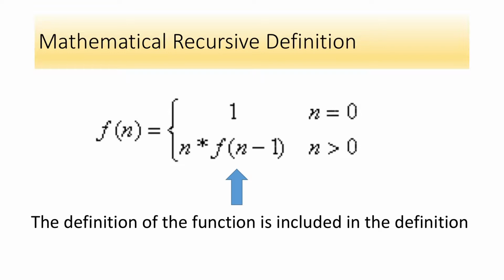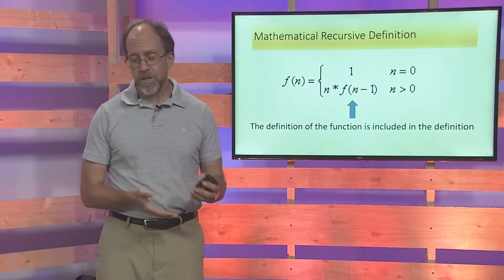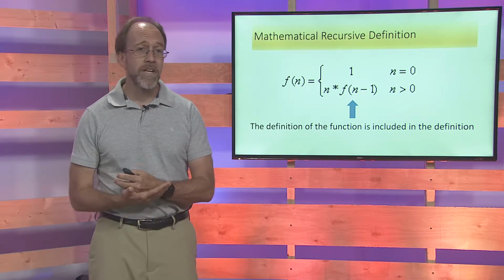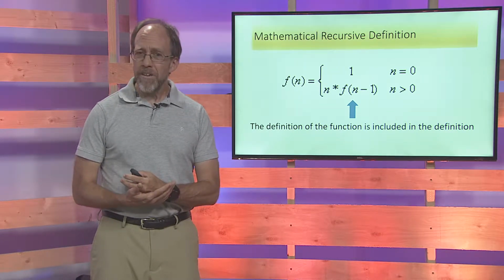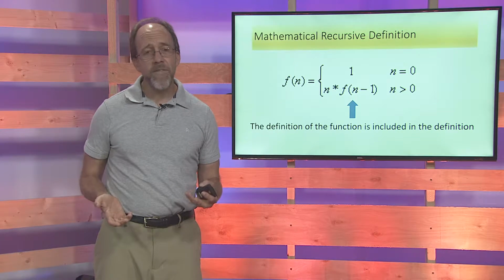However, if n is anything greater than 0, then it's equal to n times the function of n minus 1. Well, how can that work? Because the function of n is the thing being defined, and in the definition is f of n minus 1. Well, if you think about this, this is a factorial.